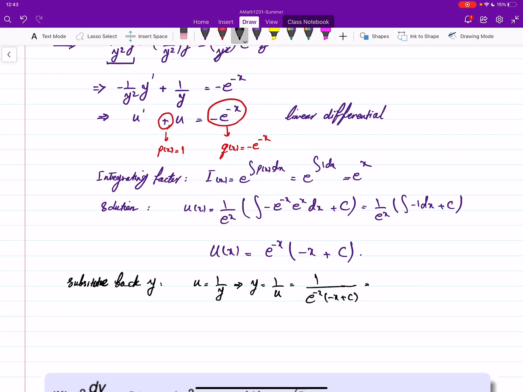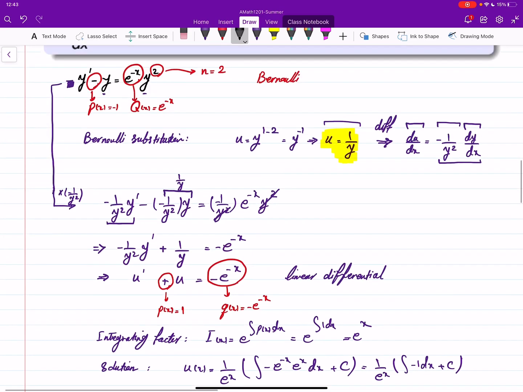And I can take that e to the power negative x upstairs and write it as this. So my solution for our original differential equation is e to the power x, let me just write, c minus x. And that's what we were looking for.